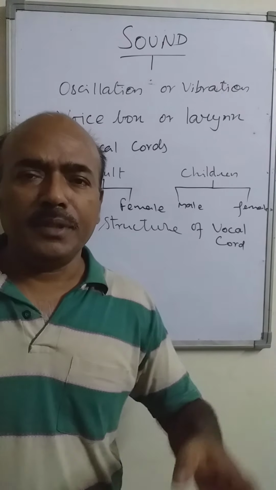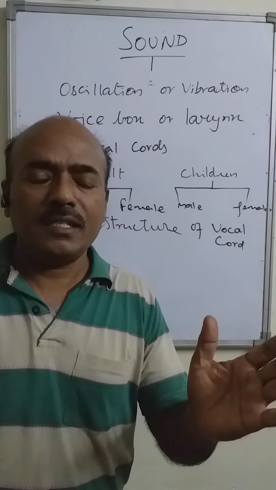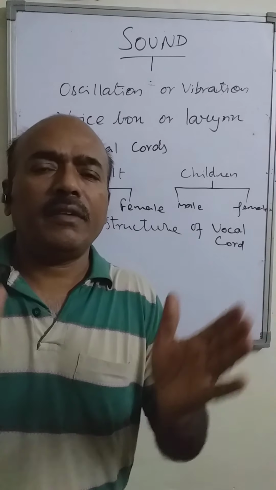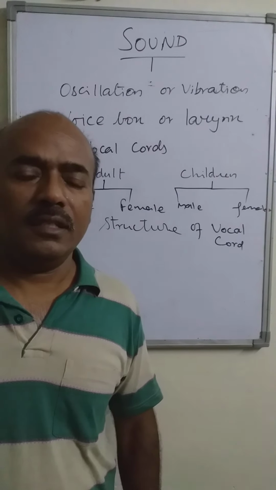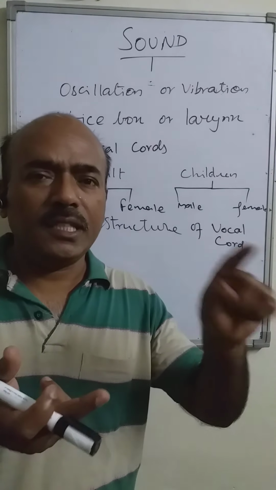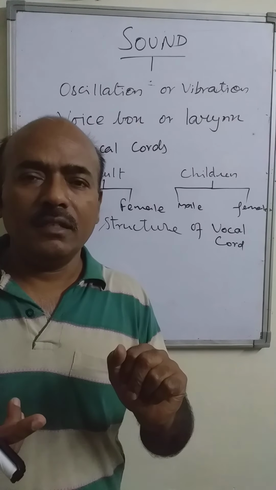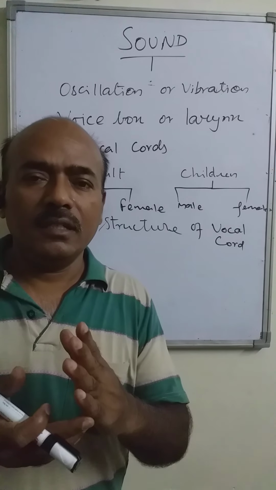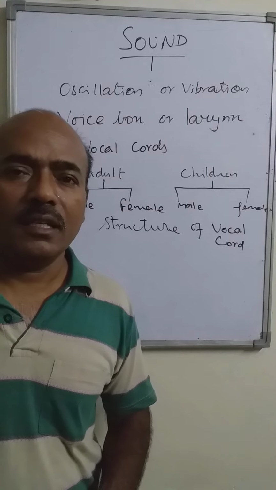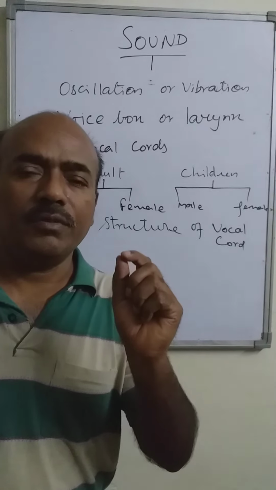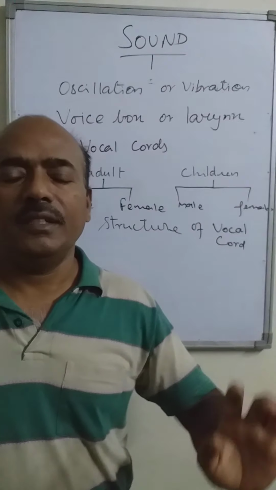If there are 4 members, all the 4 members are having different voices. Your father, mother, suppose 2 kids, one brother and one sister. So 4 members. The sound of all the 4 members is different.